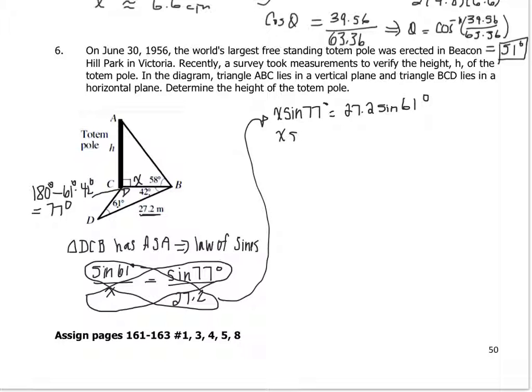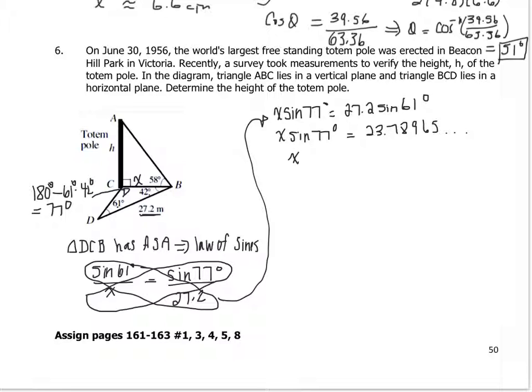So x sine 77 equals 27.2 times the sine of 61, which is 23.78965, and so on.